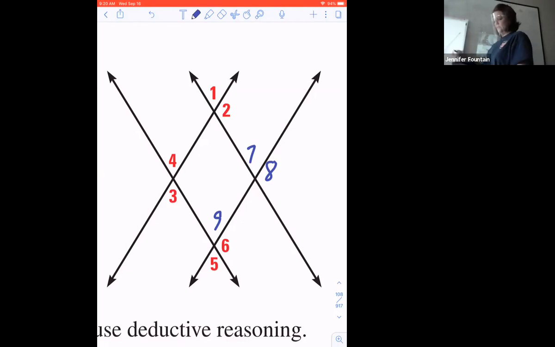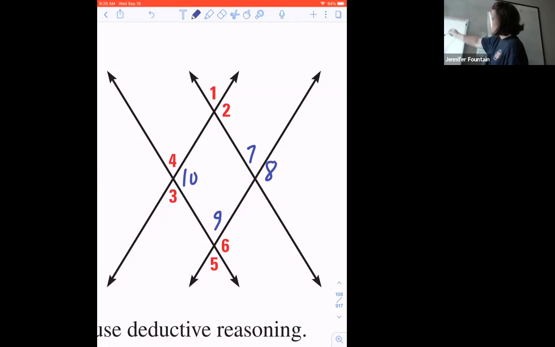Oh, we didn't line up 1 and 10. So 2 and 10 are congruent, so we know 8 and 6 will be congruent. By looking at the other ones that are congruent, we can see that 2 and 6 are going to be congruent, because basically 1 would be congruent to 4, so 7 would be congruent to 9.